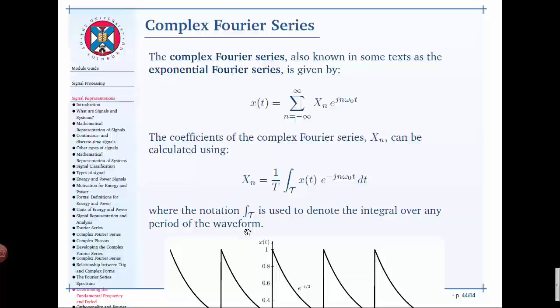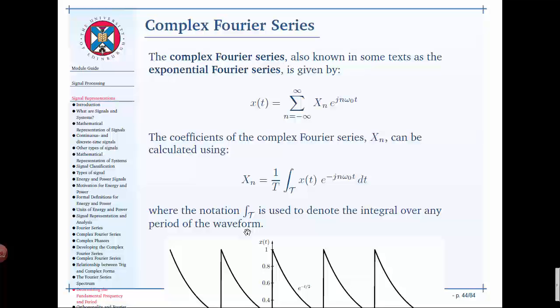It's an integral over any period. We had a long conversation yesterday about a periodic signal. You can choose any period to do this integration over. Depending on your signal, you may or may not want to pick a sensible region, which just makes the maths easier. So X of n is 1 over the period, integral over any period of a signal multiplied by e to the minus j n omega naught t.